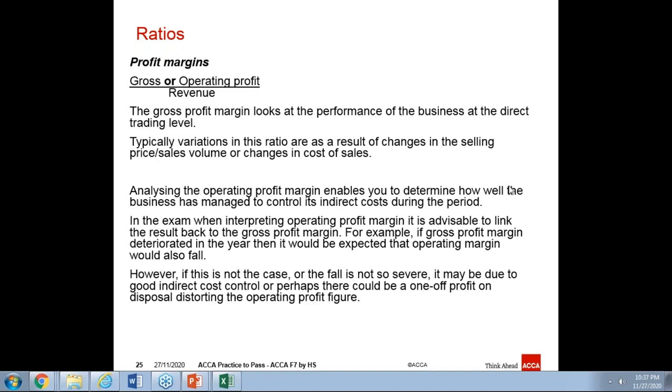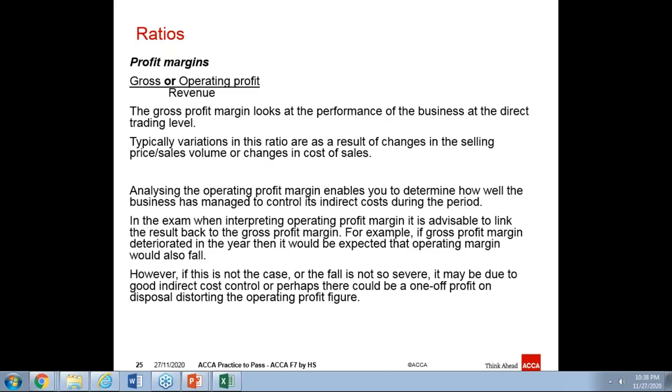One-off income means the income which we have earned in the current year, but which will not be repeated in the future. There might be one-off investment income, or one-off profit on disposal. If you have earned a profit on the disposal of a non-current asset, it will not be repeated in the future.